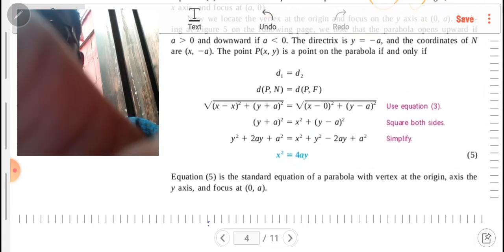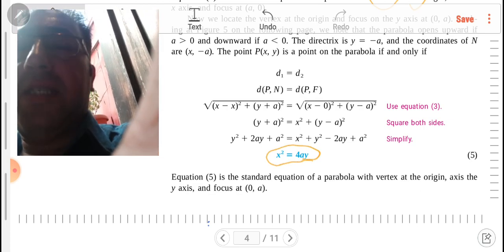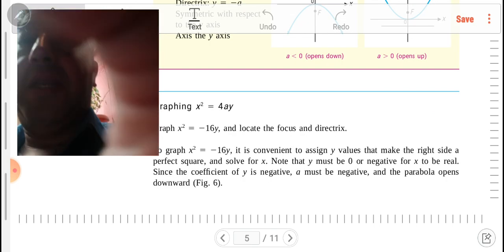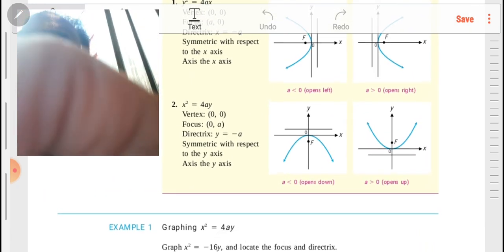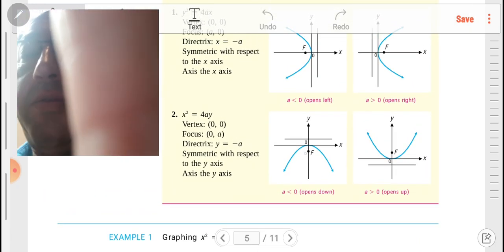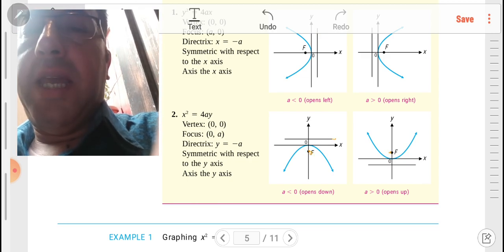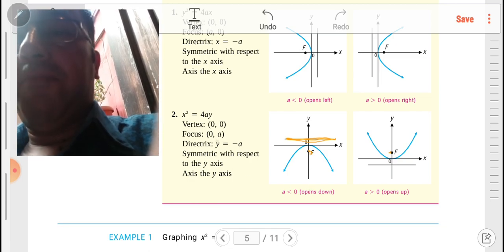By the same criteria, we have the vertical parabola: x squared equals 4ay. Again, for the vertical parabola, we have a focus and a horizontal directrix.